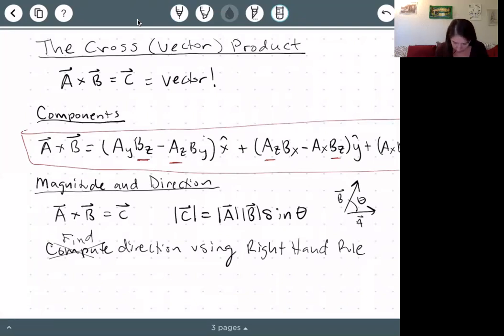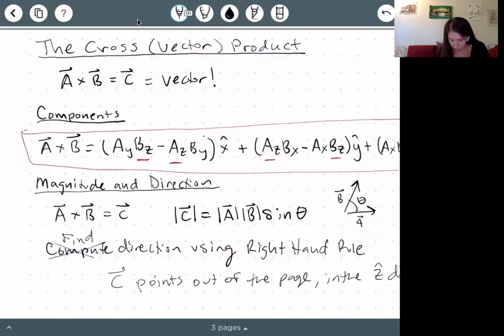So C points out of the page, so that would be in the Z hat direction. A common notation that we'll use for out of the page looks like this.